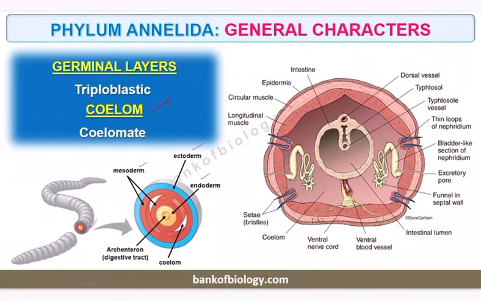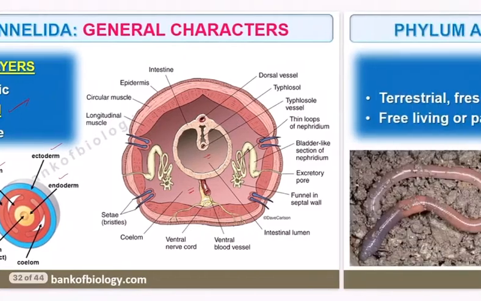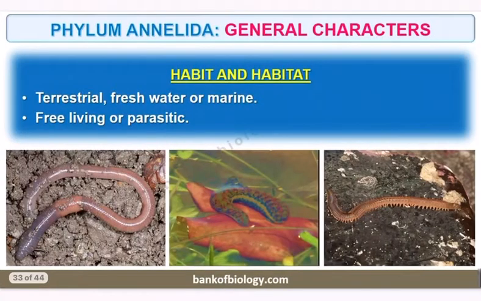And for the first time there is an evolution in having a coelom. So far we were seeing acoelomates and pseudocoelomates. Now for the first time we are seeing true coelomates. When you cut open the animal, we can see the presence of a body cavity. That body cavity is the coelom.